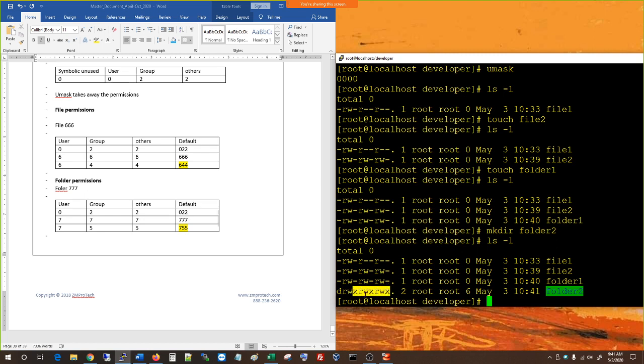The most dangerous permission a file or a folder would have is the execute permission, because using the execute permission, you could launch an automatic script that could destroy a system. Okay, so I'm going to put it down here.